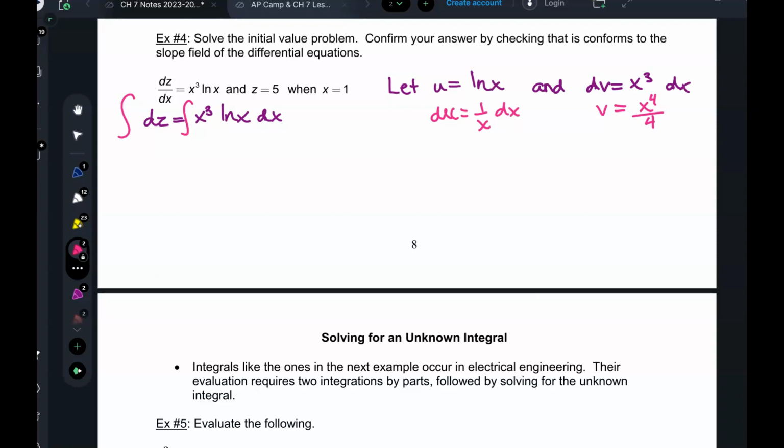So z equals uv minus the integral of v du. So v is x to the 4th over 4 times 1 over x dx.